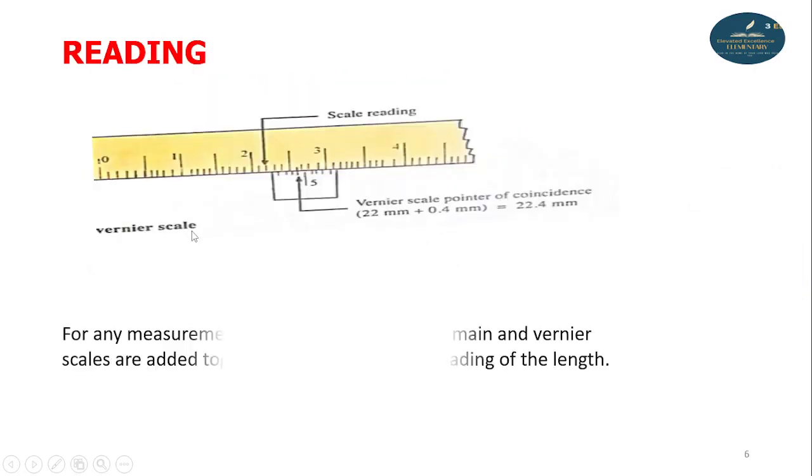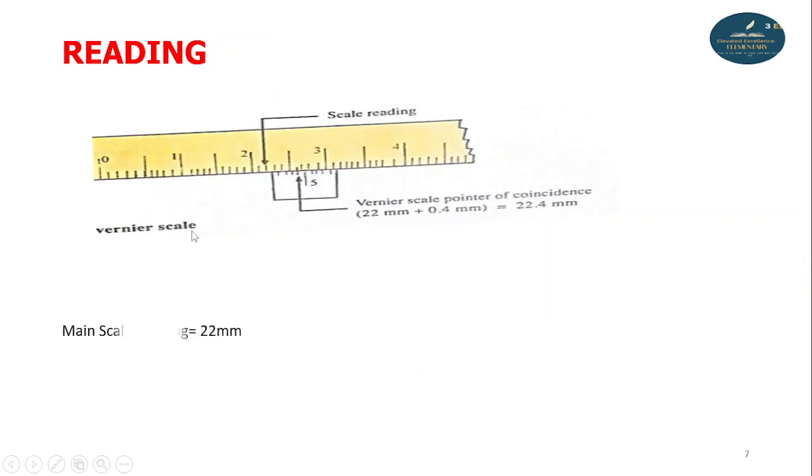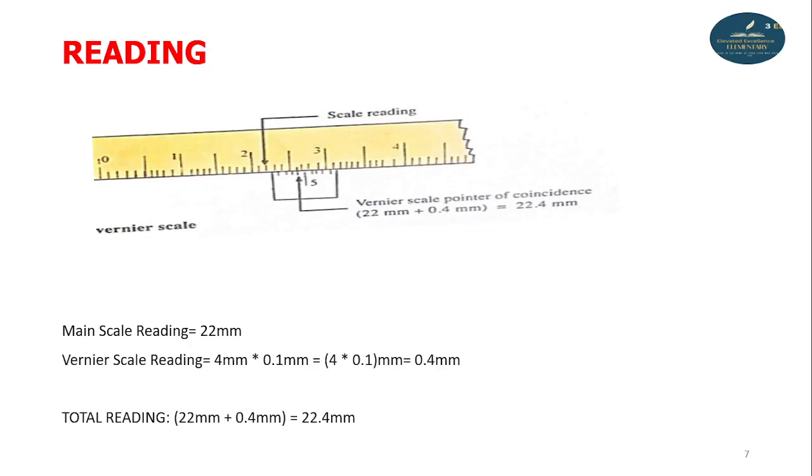After having done that, our readings will be taken from the main scale and the vernier scale. As I stated earlier, the vernier scale lies on the main scale. Therefore, this is the vernier scale while this is the main scale.